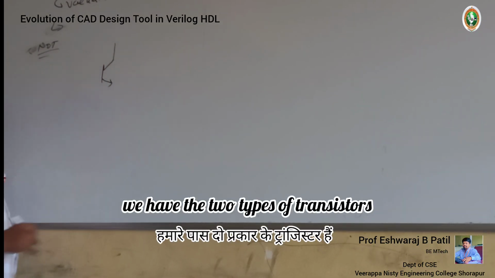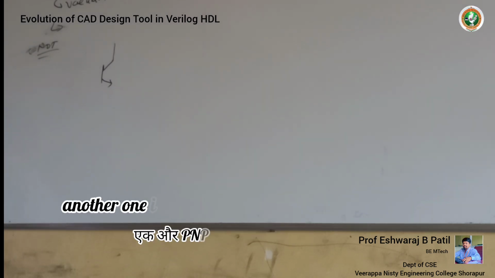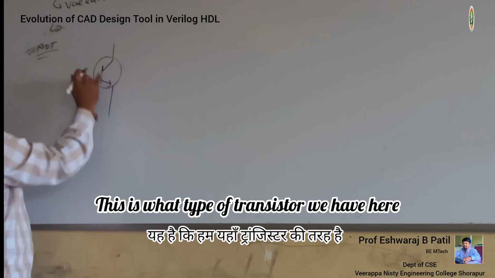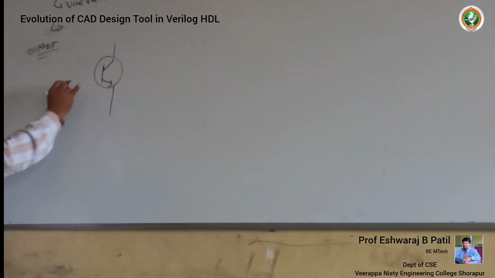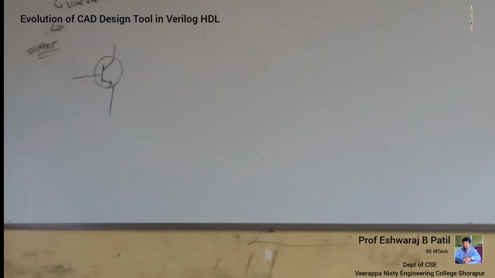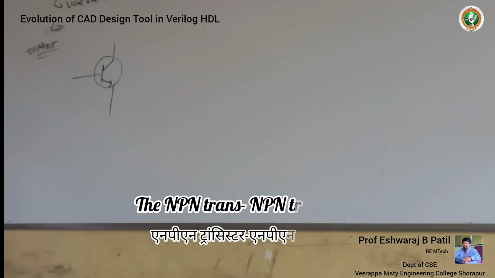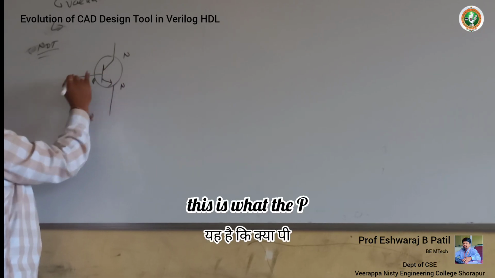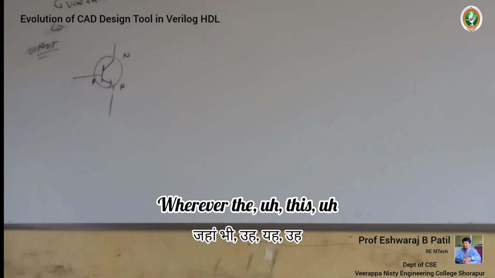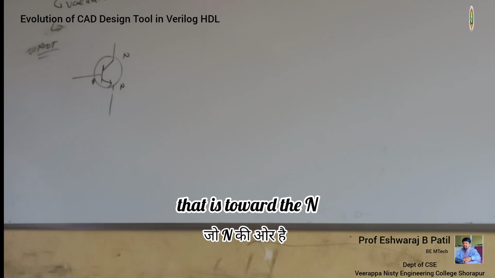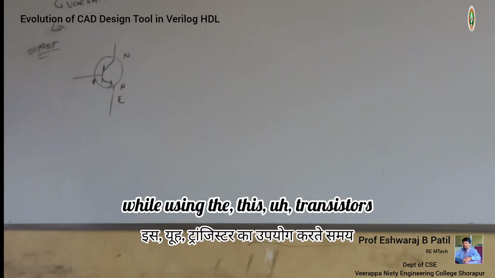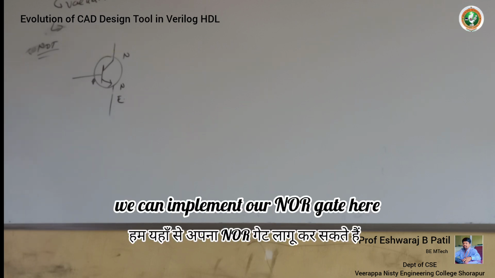We have two types of transistors, NPN and PNP. What type of transistor do we have here, NPN or PNP? It is an NPN transistor, because the N is outside and the P is in the middle. Wherever the arrow mark is there, that is the N, and it is the emitter.